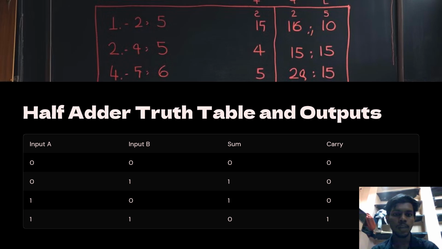If both inputs are 1, then the sum is 0 and the carry is 1. So 0 plus 0 equals 0, 0 plus 1 equals 1, 1 plus 0 equals 1, and if both inputs are 1, the sum becomes 0 and carry becomes 1.